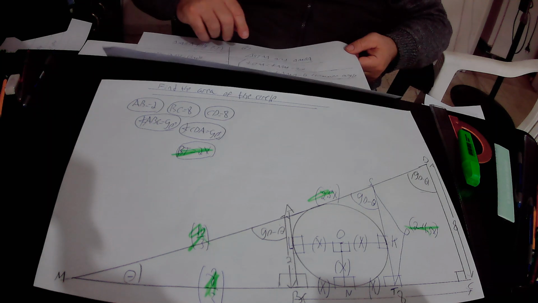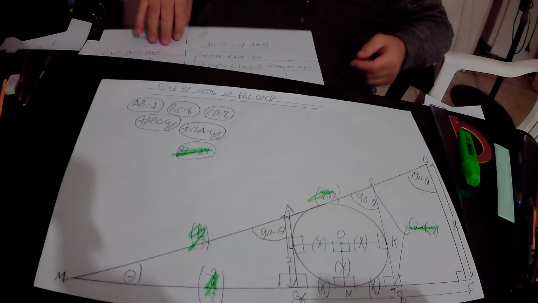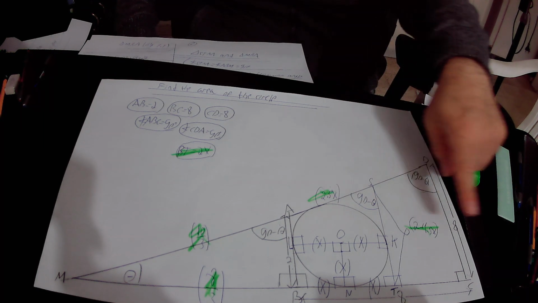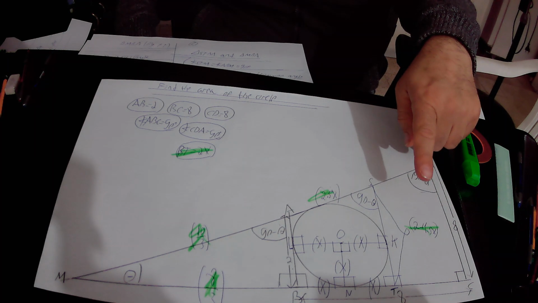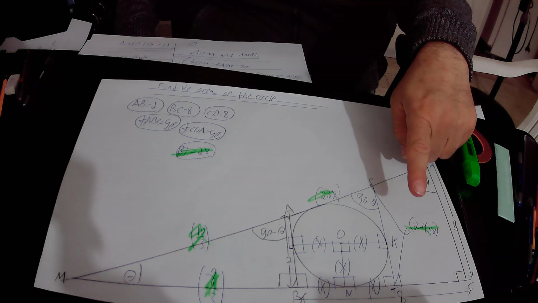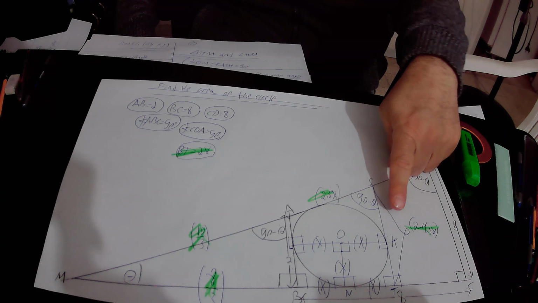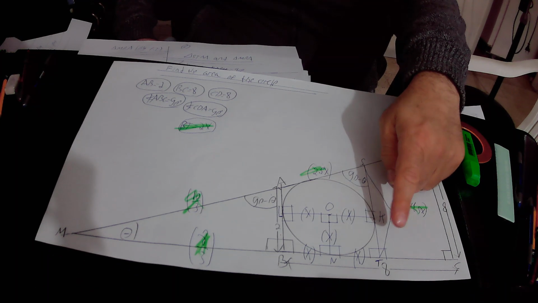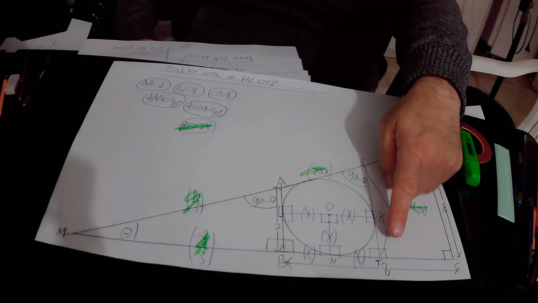Then we did another construction, that is to say, we drew a perpendicular on BC in such a way that the perpendicular on BC will also be tangent to this circle. So this angle equals 90 degrees and this angle equals 90 degrees according to our construction.